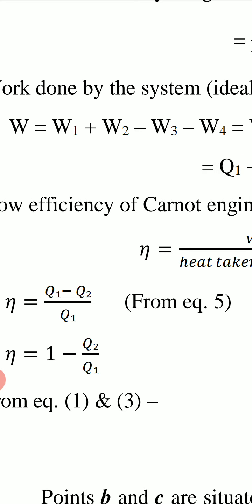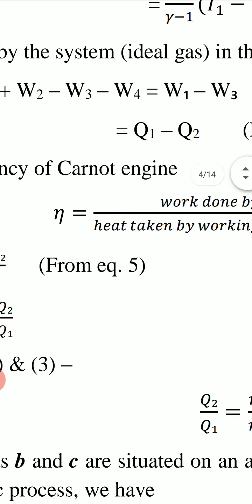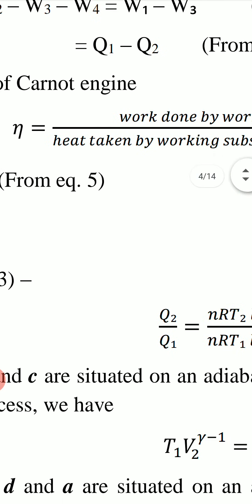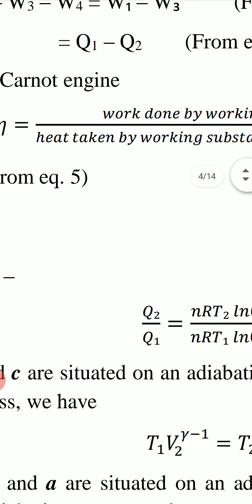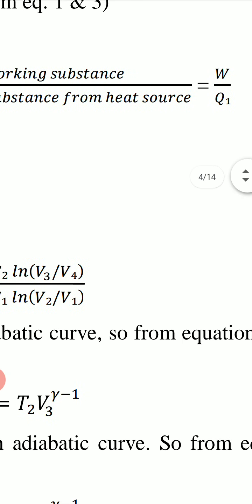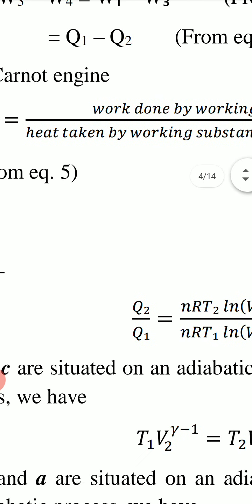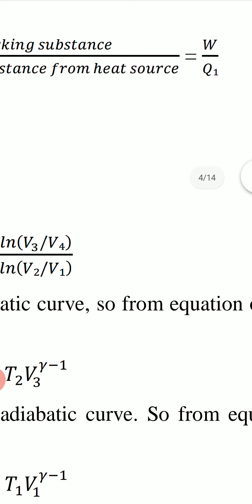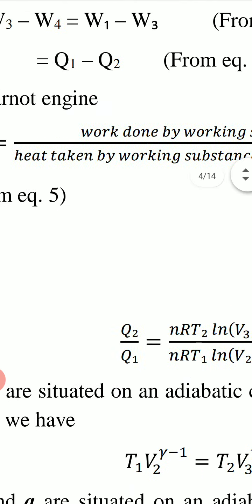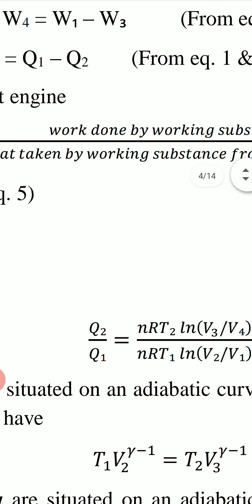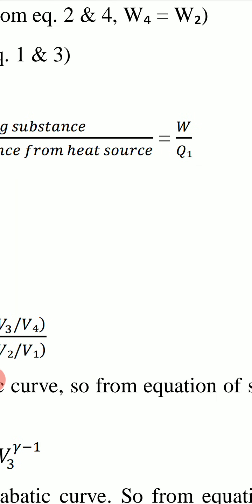Now we calculate the efficiency of the Carnot engine. The formula for efficiency eta is this. Efficiency eta is equal to the work done by the working substance, that is W, divided by the heat taken by the working substance from the heat source, that is Q1. So the efficiency of the Carnot engine eta is equal to W upon Q1.